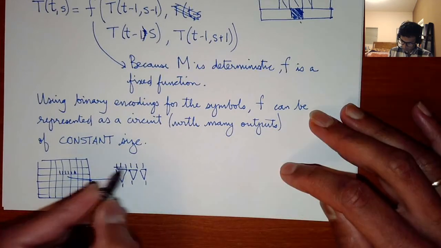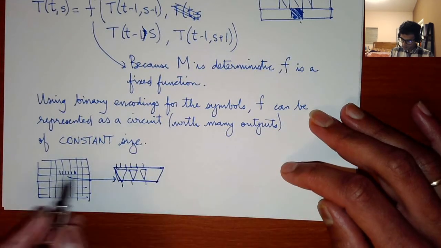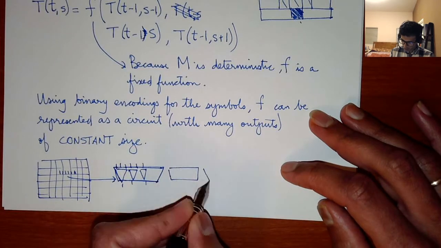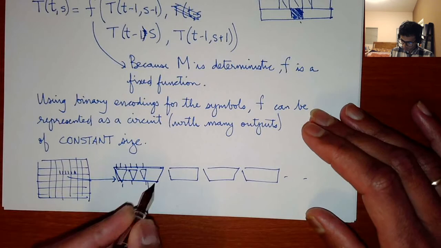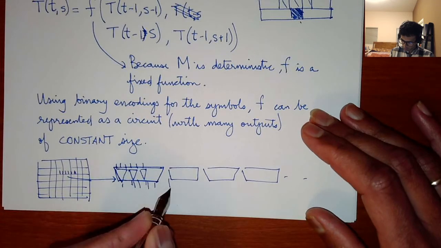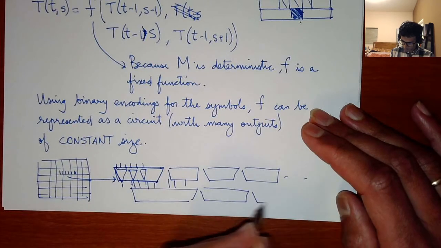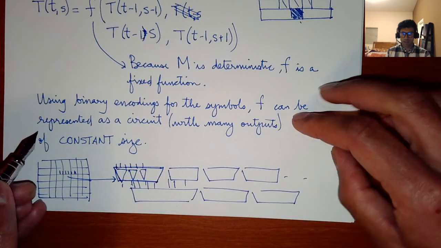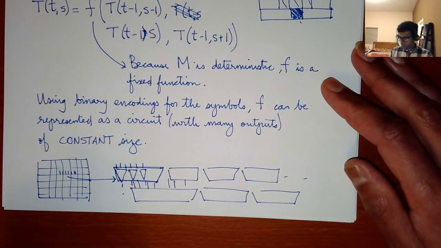So this I'll think of as some circuit, and we simply put it all together. We have many copies of the circuit, and each of which feeds their outputs to more copies of the circuit. And the circuit is exactly the circuit that computes F. So we can put it all down.